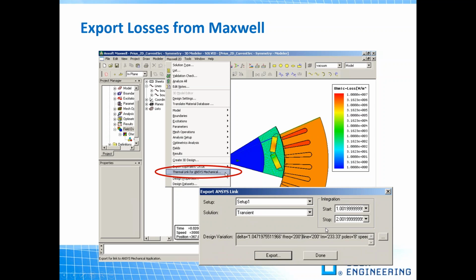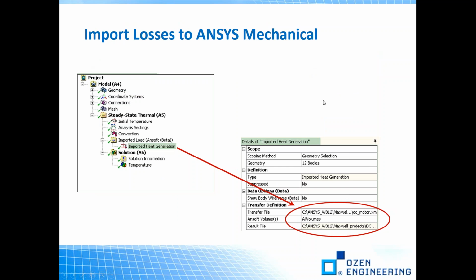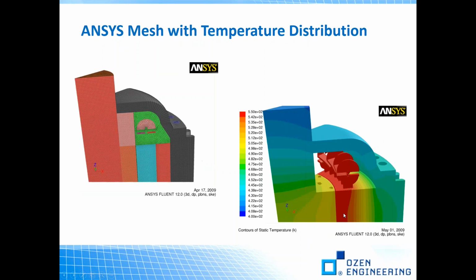So you can set your transient limit or timing and bring it to ANSYS Mechanical for thermal analysis. It is imported to ANSYS Mechanical as a load for heat generation. Basically, it reads from the Maxwell design, does the mesh and thermal analysis, and shows you the temperature in your design.